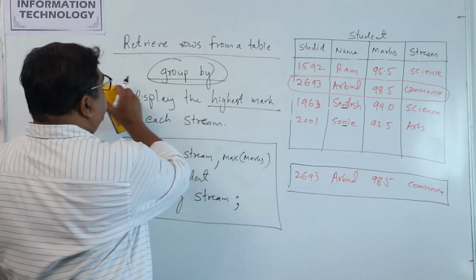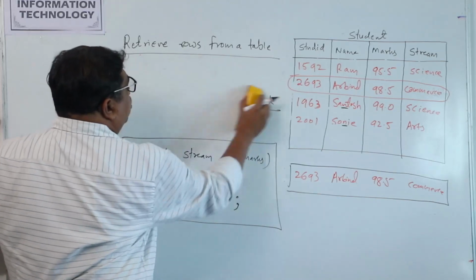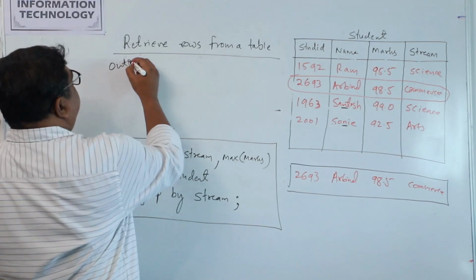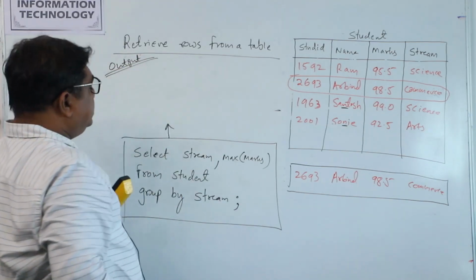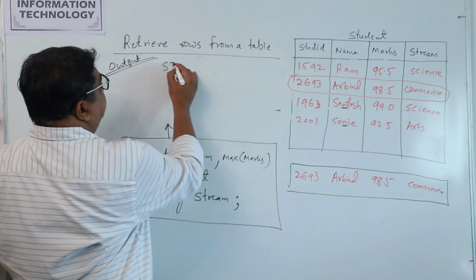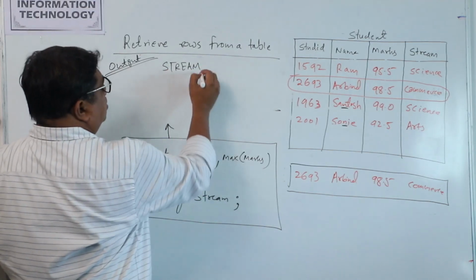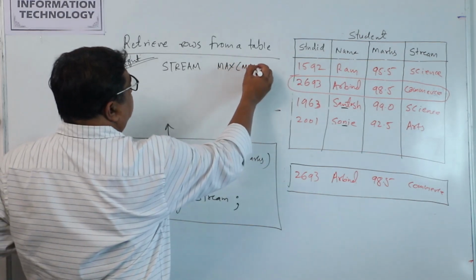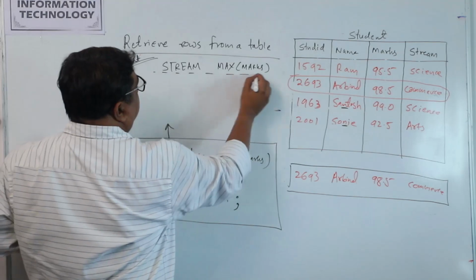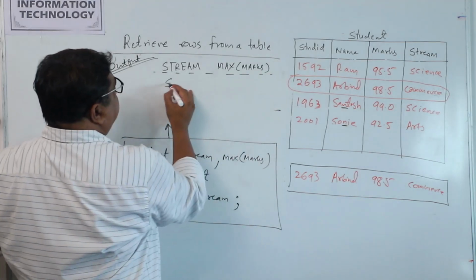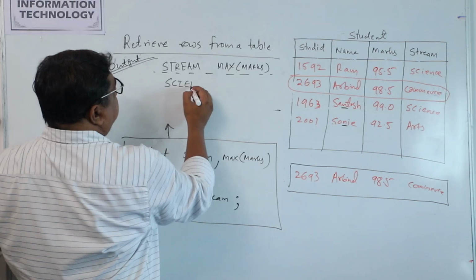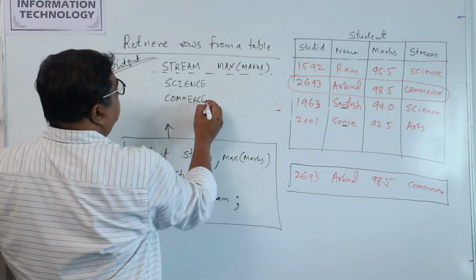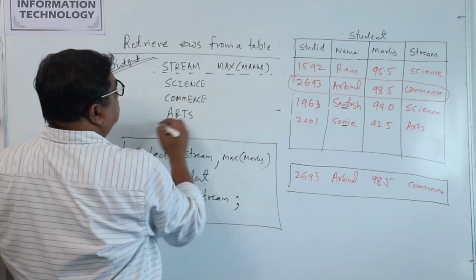So I am writing the output at the top. What will be the output for this statement? The output will have the heading stream and max mark. And what are the streams? We have science, commerce, and arts.